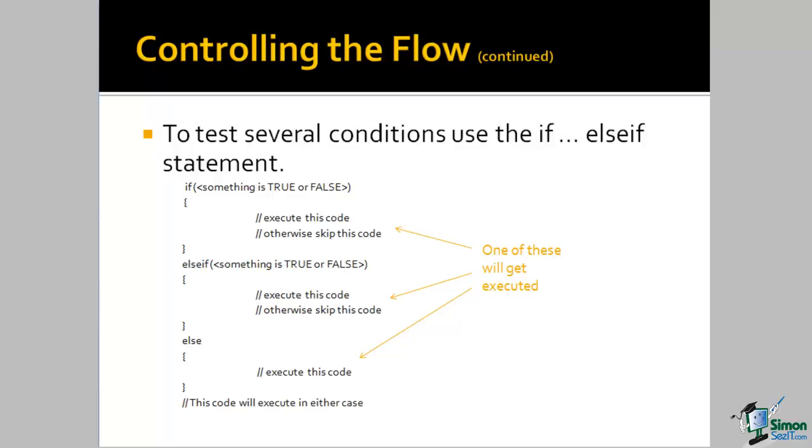It could be 30, but one of those three in this example, one of those three blocks of code is going to execute. Either the first condition is satisfied and that first block will execute, or the second condition is satisfied and that block will execute. And by default, if none of the conditions are met, then the else block will execute.